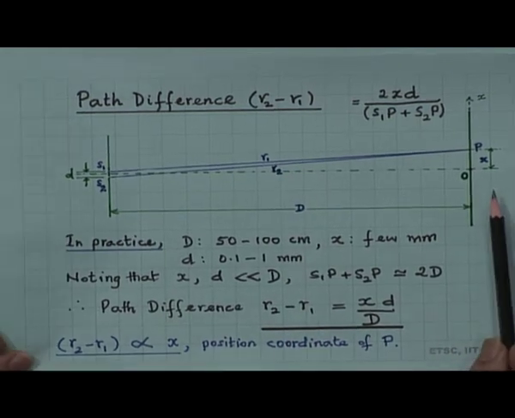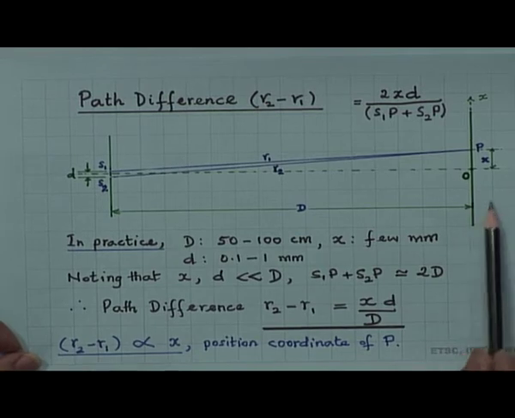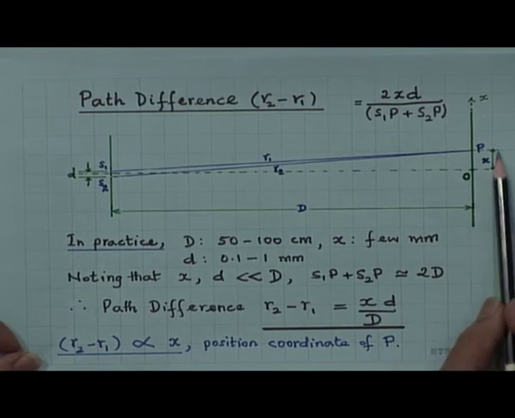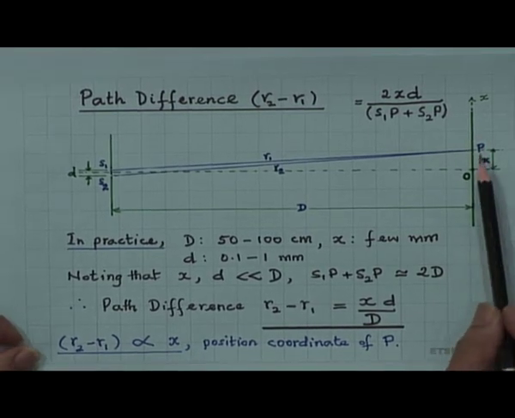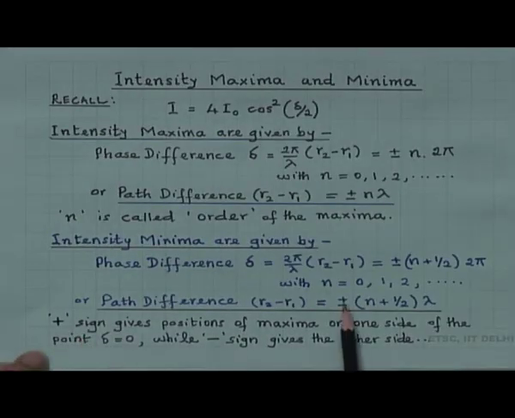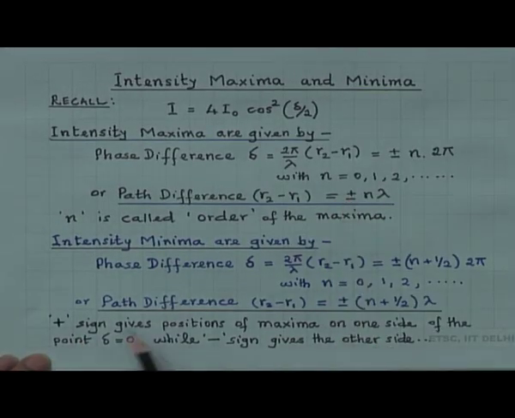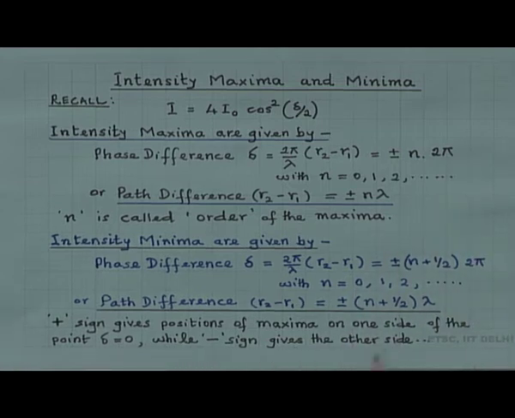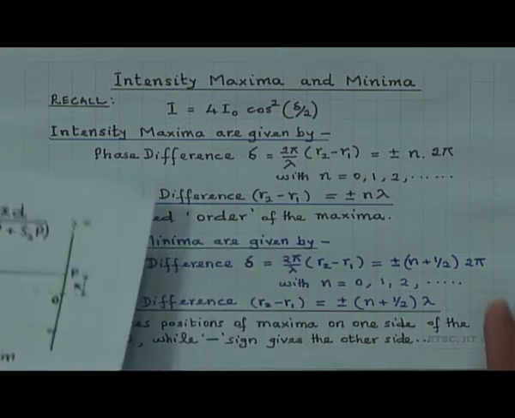Accordingly, we will have the phase difference negative on this side, phase difference positive on this side. Therefore, the plus sign in this expression gives position of maxima on one side of the point delta is equal to 0, while the negative sign gives on the other side of the point O.